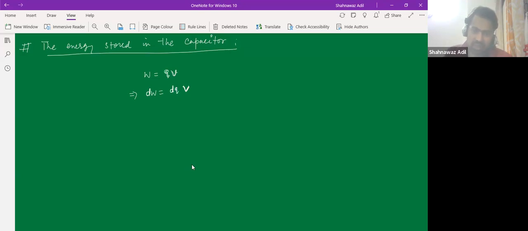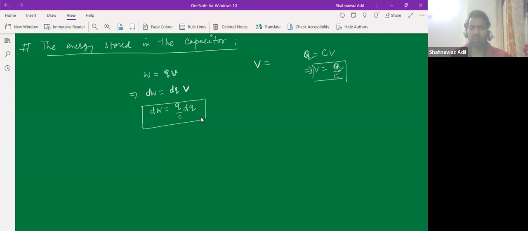So what is this voltage? Q is CV, so V is Q by C. And we write a variable one, so this is Q by C dQ, right? This is the small one.